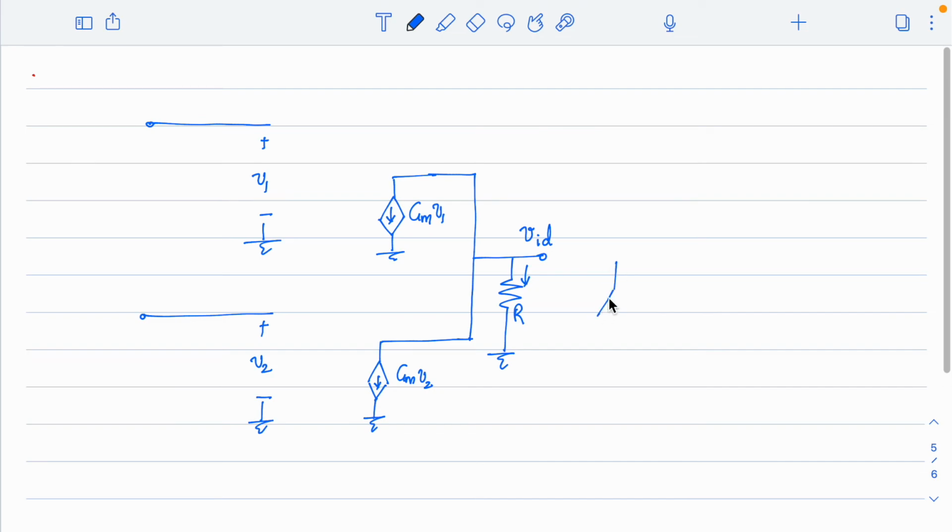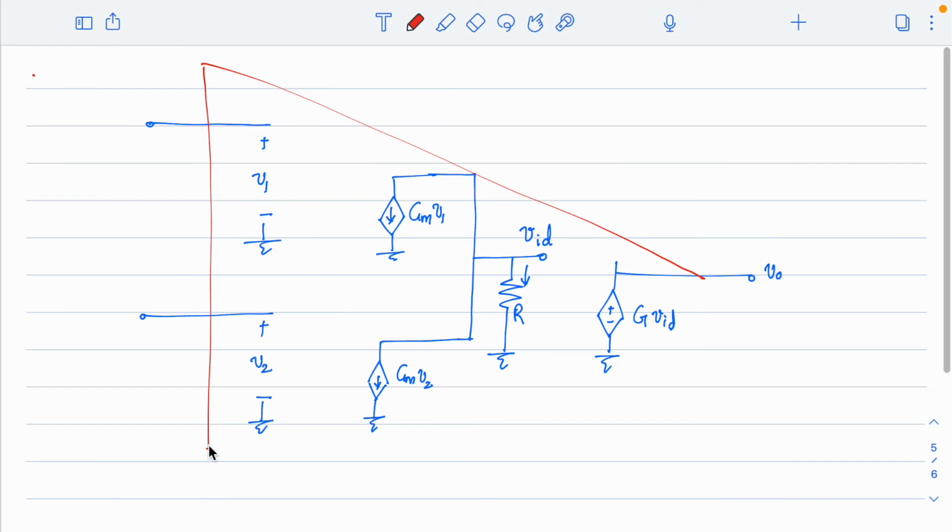Now again, if I have another voltage source here, say plus minus, and if I am calling this as G VID, this as the final V0. So what I want you guys to find is, assuming that this is internally, consider this as one terminal and this as another terminal, this as output terminal 3.